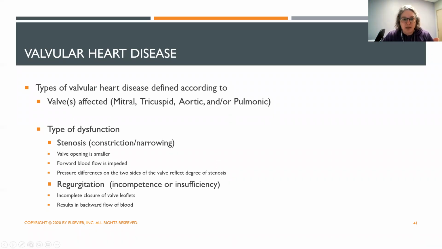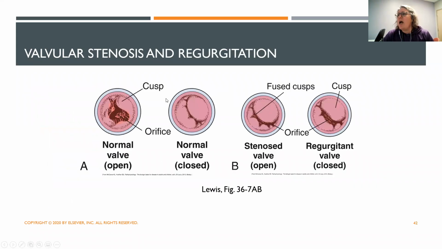So I've got pictures on the next slide. If we look here on A, we have a normal valve that's open. We have a normal valve that's closed. If we look at B, there is a stenosis in here. So the valve in the stenosis, this is when it's open.